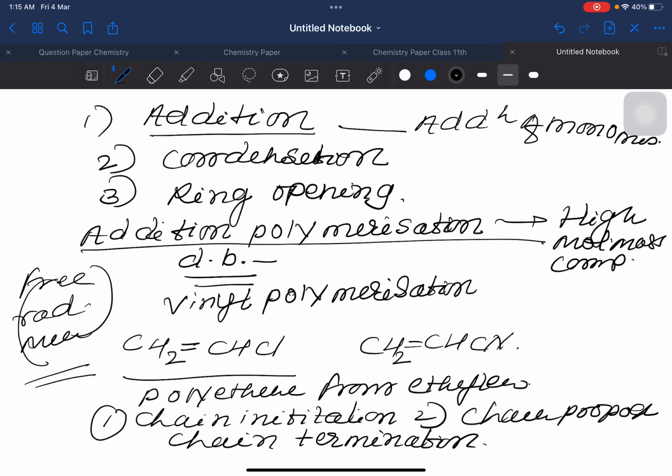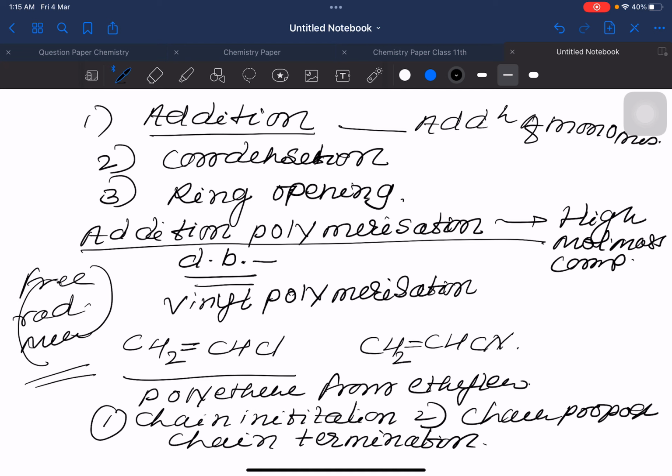In the next video, we are going to discuss the detailed steps of chain initiation, chain propagation and chain termination. The second one is condensation polymerization, and the third one is ring opening polymerization.